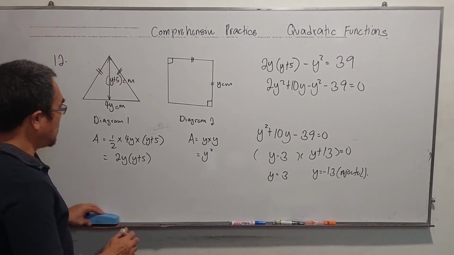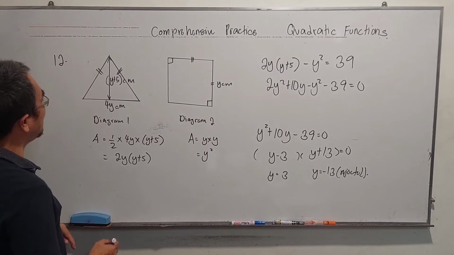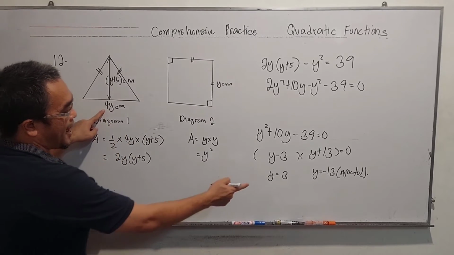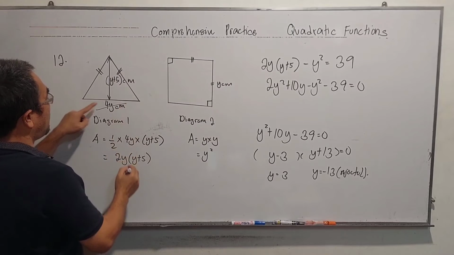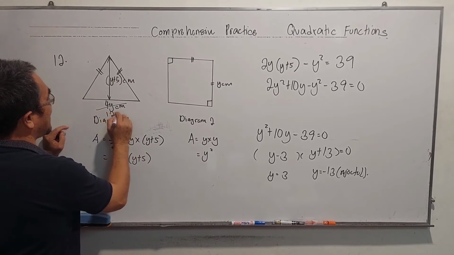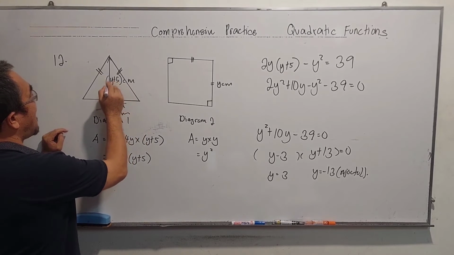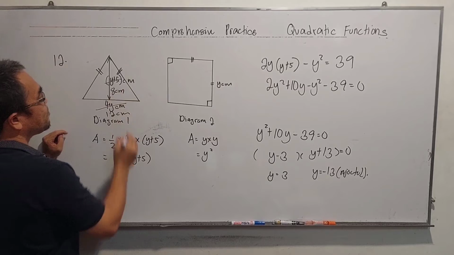Alright, so we have to find the length and the width. Okay, we replace y as 3, so instead of 4y, we have 12 centimeter, and this height will be 3 plus 5, which is 8 centimeter.